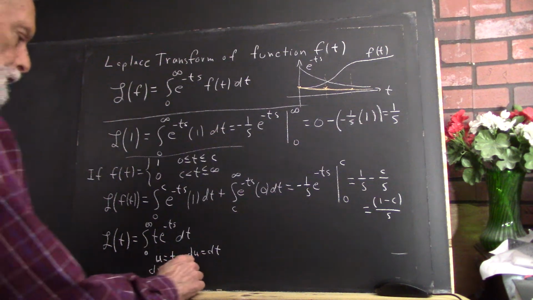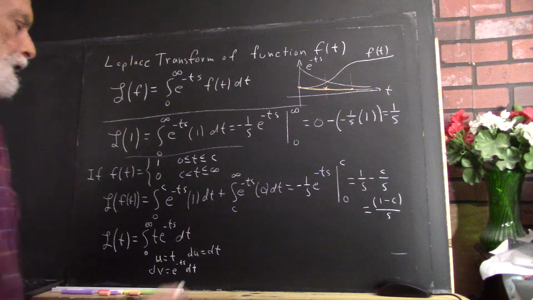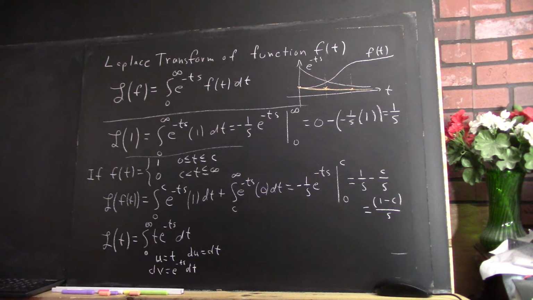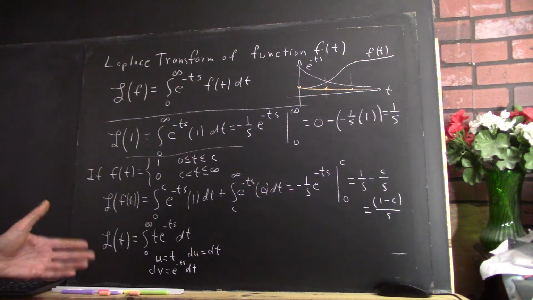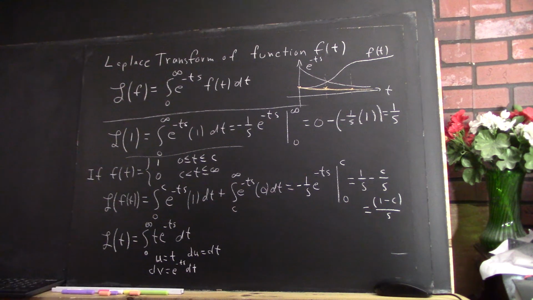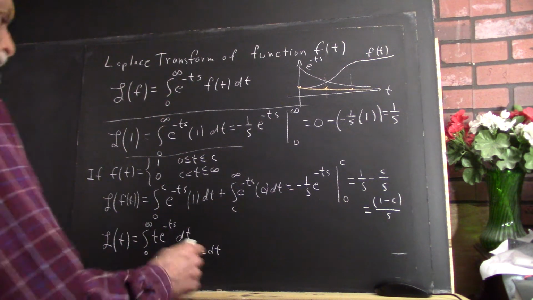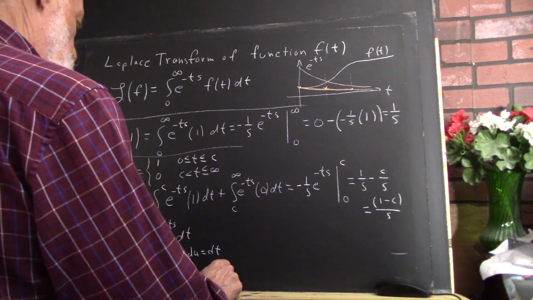I hope you can read this, but it's very straightforward, and if integration by parts isn't completely clear to you, review it. But I don't think it's going to be a problem for you.